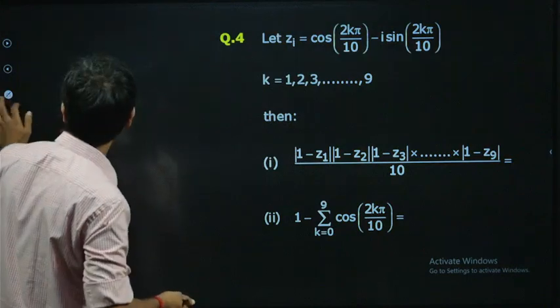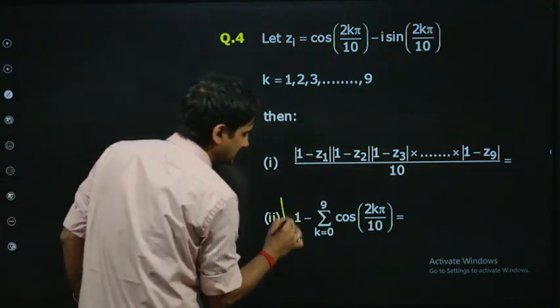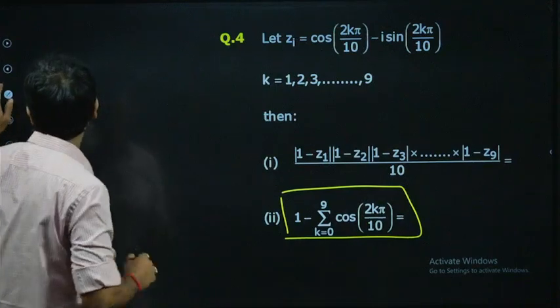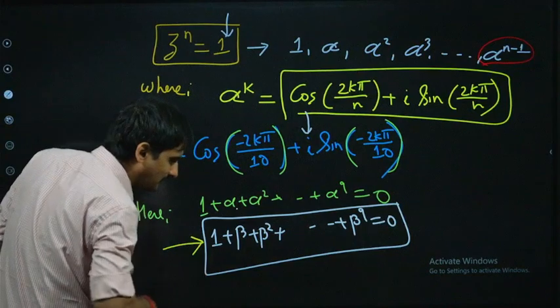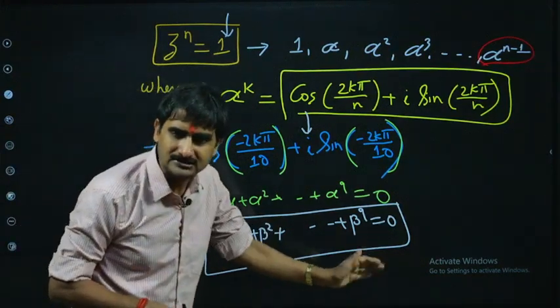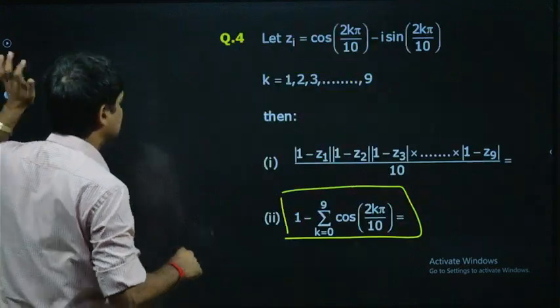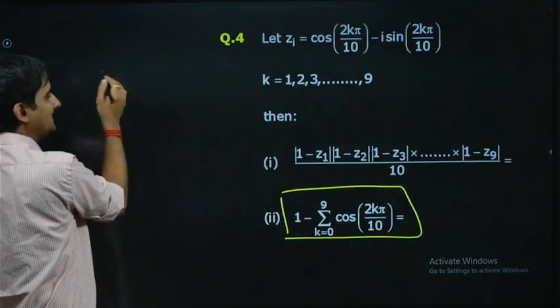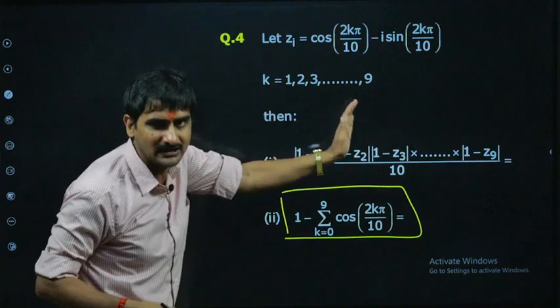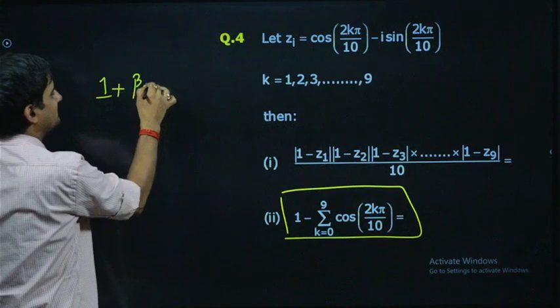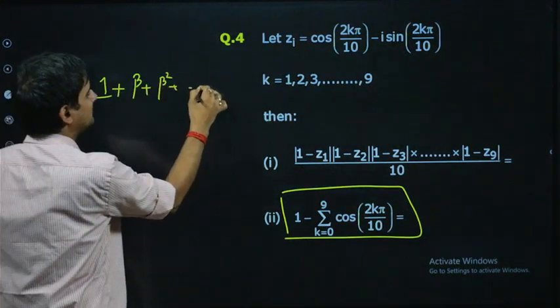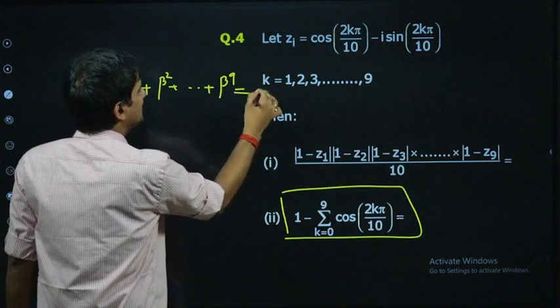Now let us consider the second part here. As I said, the sum of all the roots of unity is 0. So what does that simply mean? If I write them from k equals 0 to 9, so k equals 0 gives 1, so 1 plus beta, which is z1, plus beta square, which is z2, dot dot dot beta raised to the power 9 is 0.